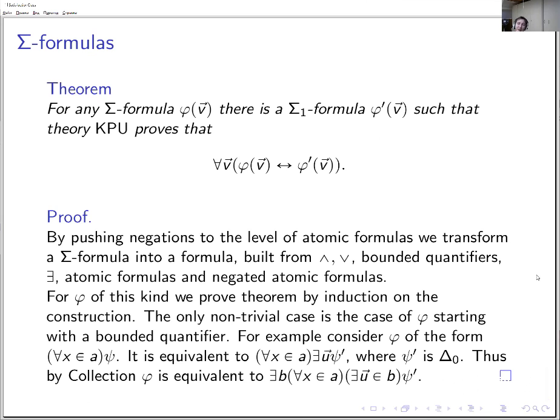So basically, if we have the formula for all x in A there exists u such that psi prime, then actually it's equivalent to the formula there exists B such that for all x in A there exists u in B such that psi prime. This is easy to show by using the axiom of collection.